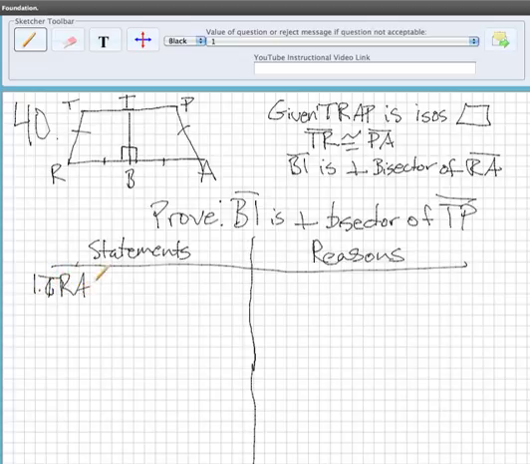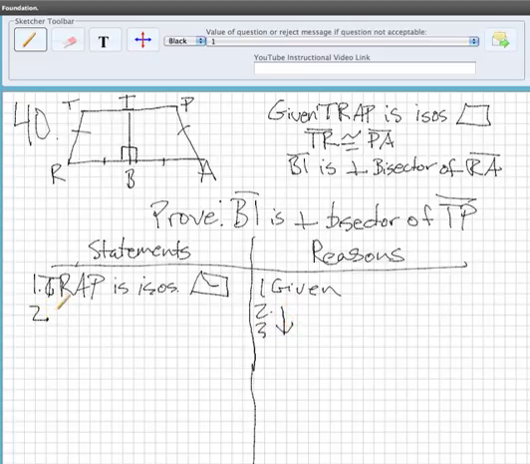TRAP is an isosceles trapezoid. And that's given. And 2 and 3 are going to be the same.